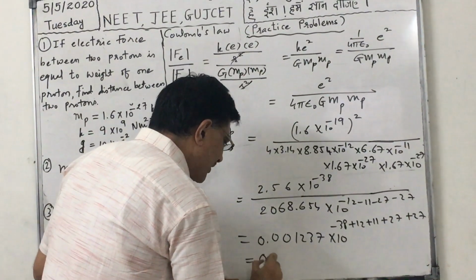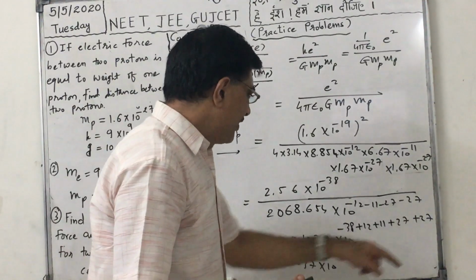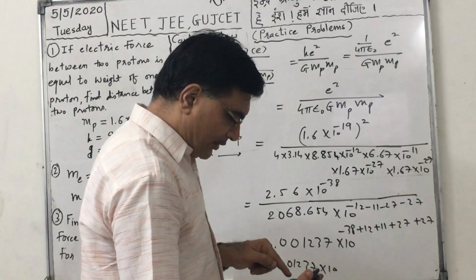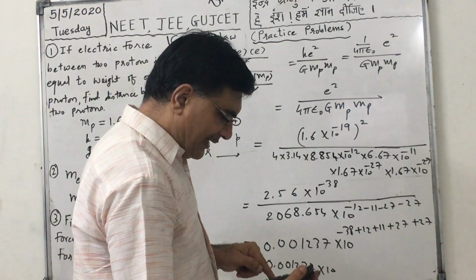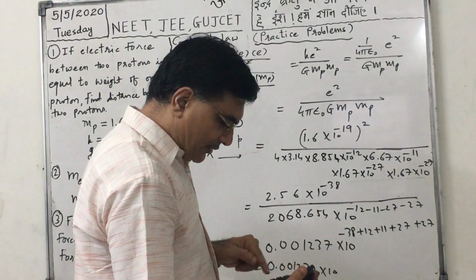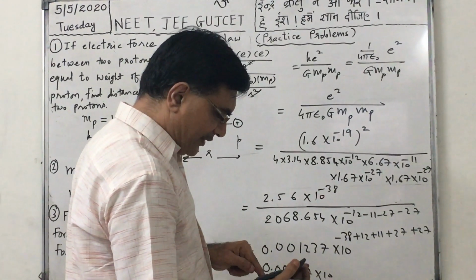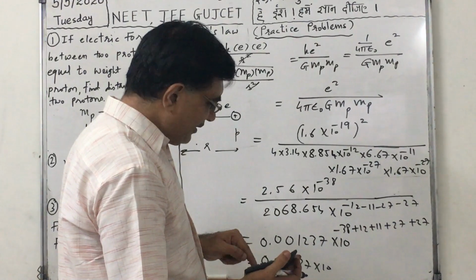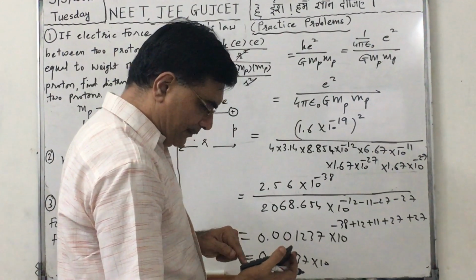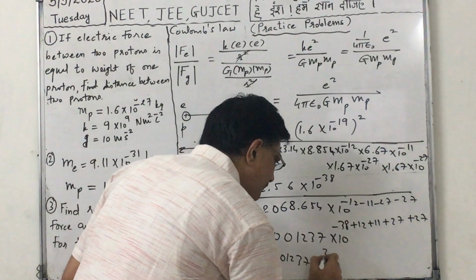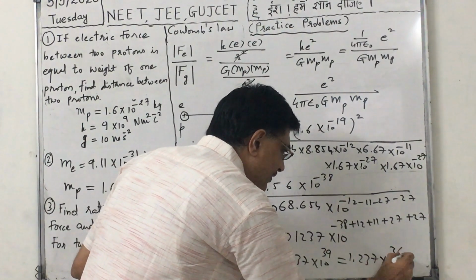So it can be written as 0.001237 multiplied by 10 raised to the power 27 plus 27 plus 11 plus 12 minus 38. That is 39. It can be written as 1.237 into 10 raised to 36.